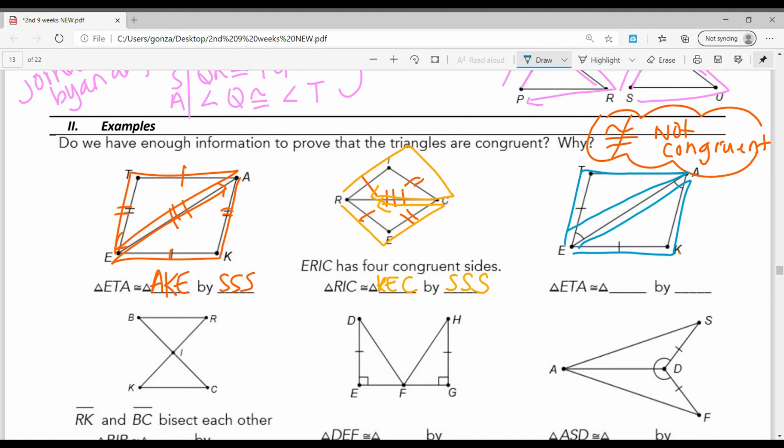So unfortunately here, this doesn't have any congruency. It's not even side angle side because I would need a second side. So there's no second side. So it is not congruent.